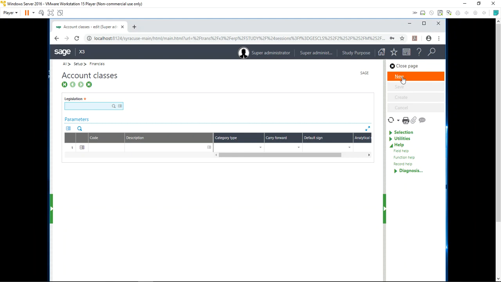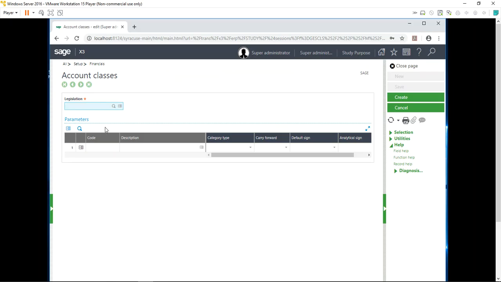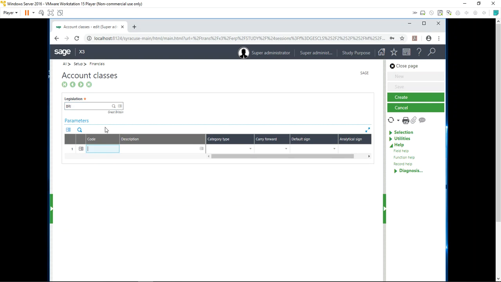So here I am going to create the account classes according to what we discussed. The first group we are creating as an account class within Sage X3. My legislation is BRI.